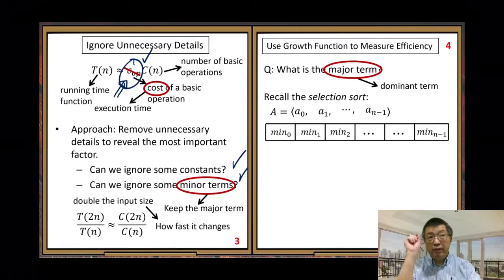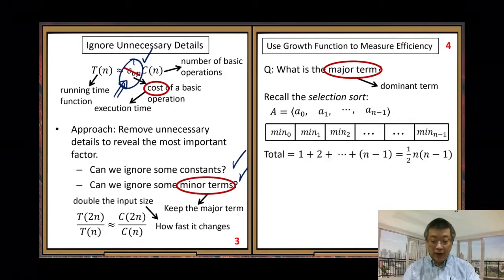We put that minimum as the element in place. Each time we put one element in place. At the end, we put all the elements in place. That's the selection sort. Then the total number of comparisons we need is given by this formula. So we get this expression.